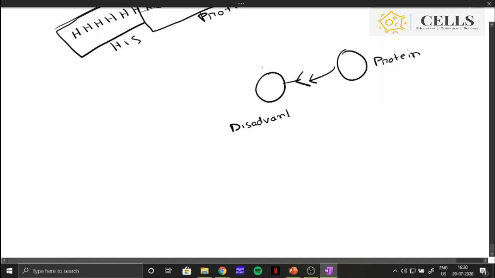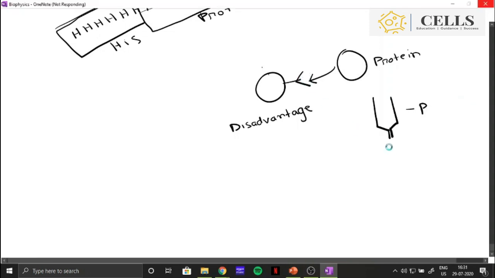The disadvantage being that these columns are pre-made columns.